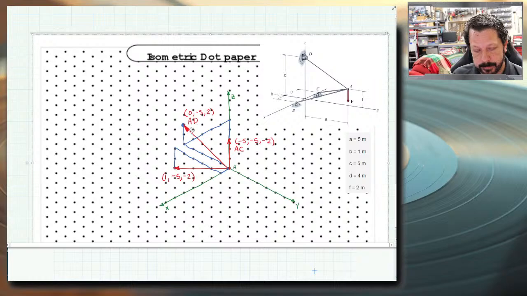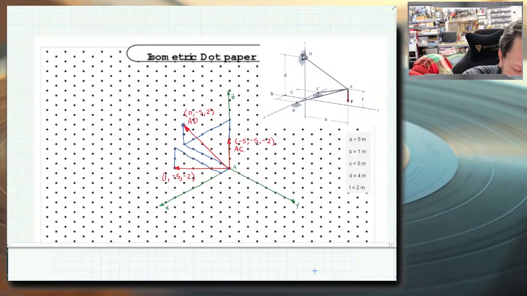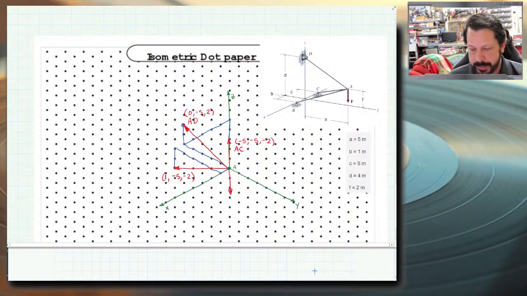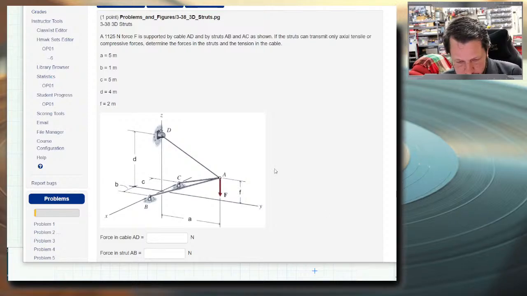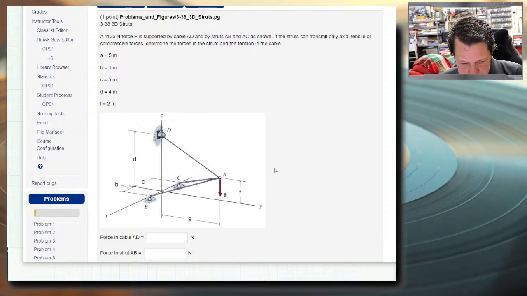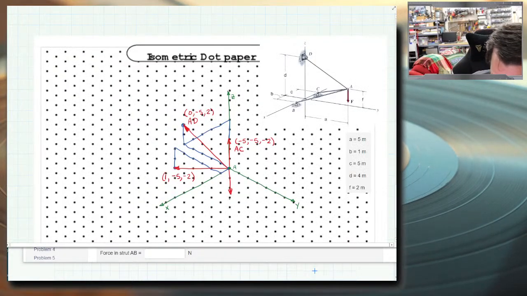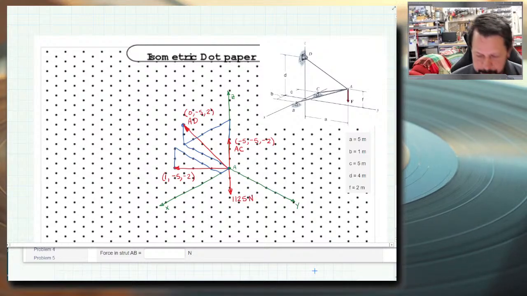All right. So assuming that we can get to this point, just interpreting the drawing, or the real live world situation, whatever it is you're working with, and getting to the point that you have the XYZ coordinates of the vectors. Oh, we left off F, didn't we? F, from point A, does go directly straight down, and let's see, 1,125 newtons. So 1125 newtons. All right.